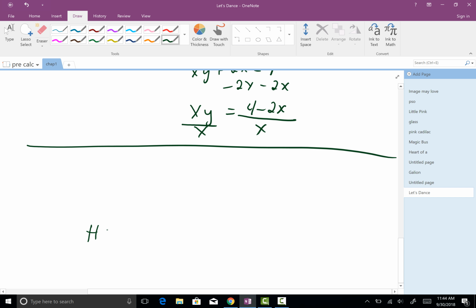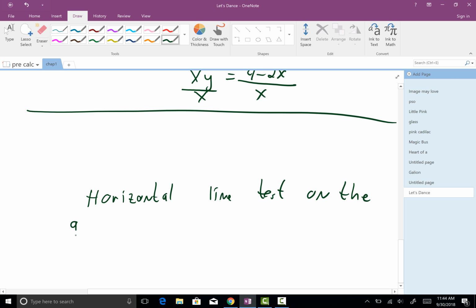So horizontal line test on the graph of a function. Same as a vertical.